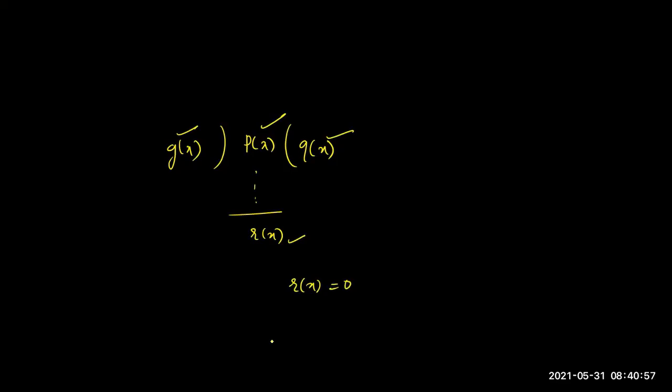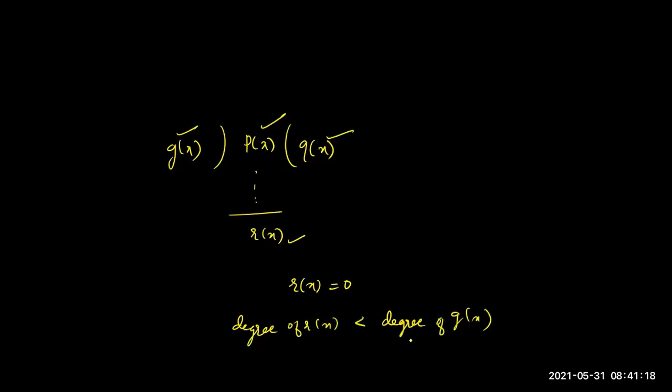Just as in the lemma there was a condition, similarly here also the condition is there. The remainder can be equal to 0, or the degree of R of x should be less than the degree of G of x.